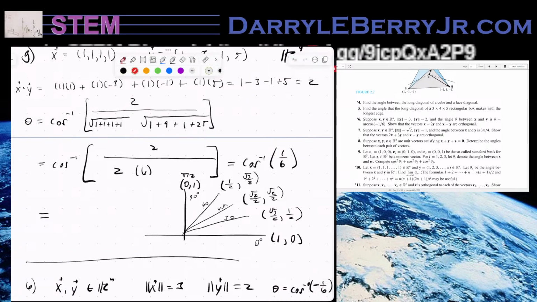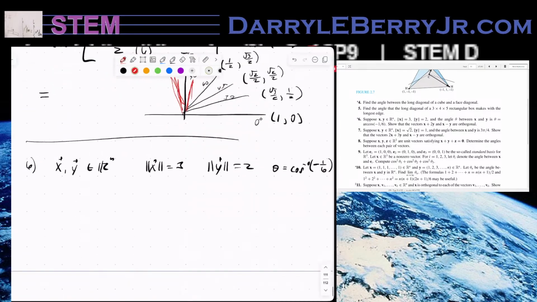So really the first one I had was here, and the negative one is here. It's like on the other side, it looks like.